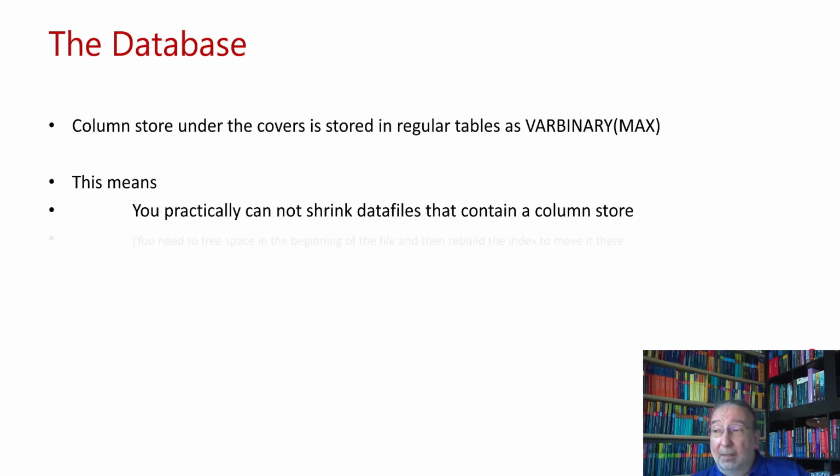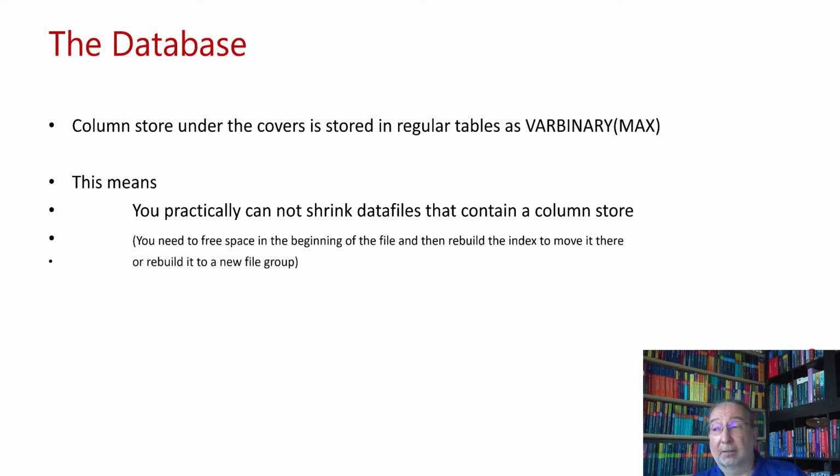So the only way to do this is that you actually have space at the beginning of the file and then rebuild it into there, or you rebuild it into another file group. So you have to understand that. And for that, my tip is put column stores on their own file group.